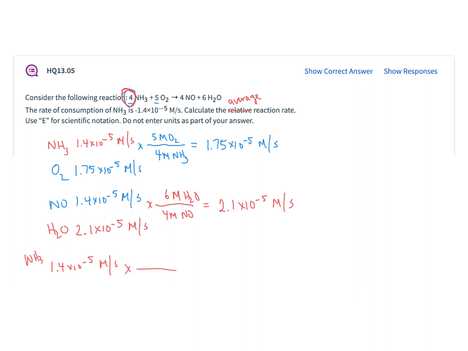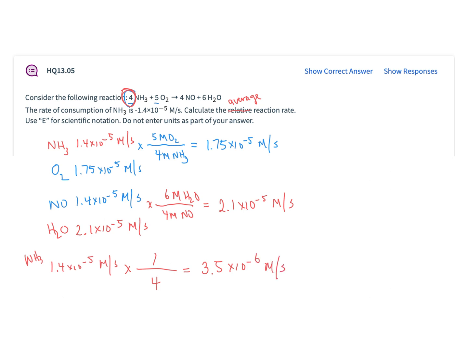So I'm going to multiply that by 1 over 4, basically dividing by 4 to get the average rate of the reaction. The average reaction rate comes out to be 3.5 times 10 to the minus 6 molar per second.